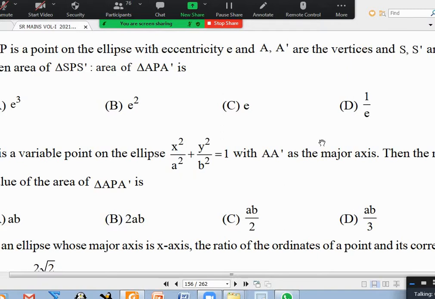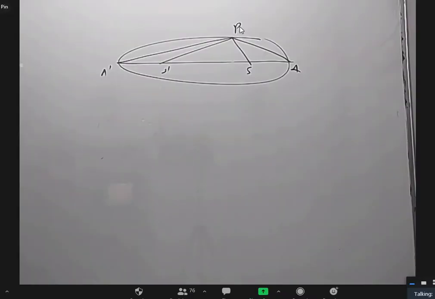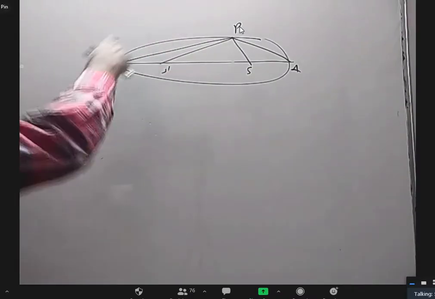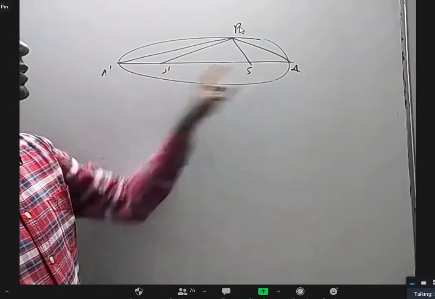Okay, 47 or 48, anybody any doubt? Sir, 47. Okay, 47, these are two simple triangles with the same height and only the base is different. We have an ellipse, take any point as P, these are S and S dash and A and A dash.